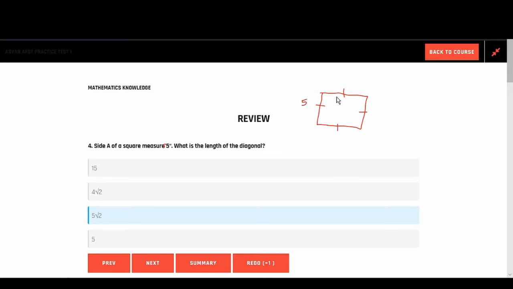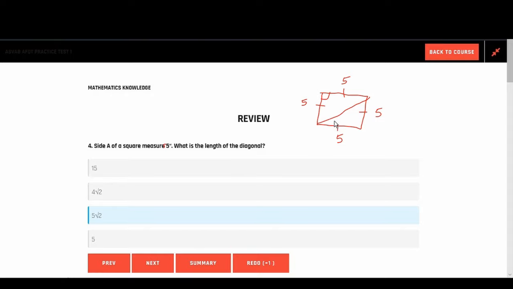So if this side is 5, this side must be 5, this side must be 5, and therefore this side must be 5. This question told us one side was 5, so we can fill in the rest of the sides accordingly. This question, in addition, is asking us to find the length of this diagonal.